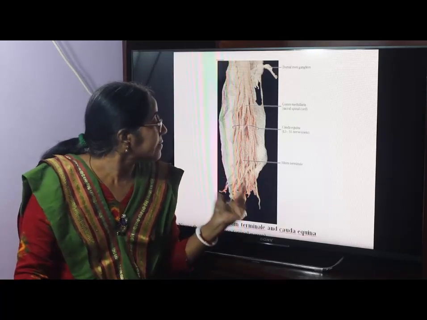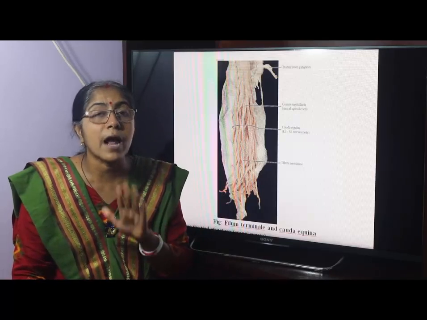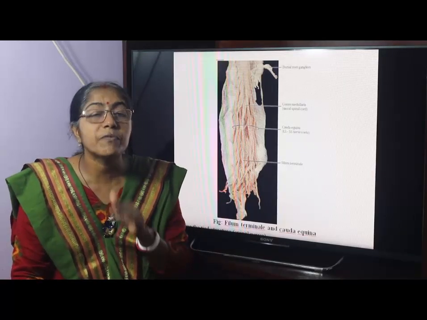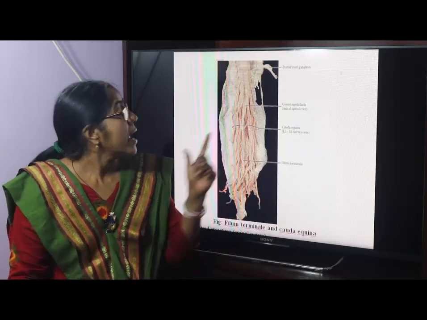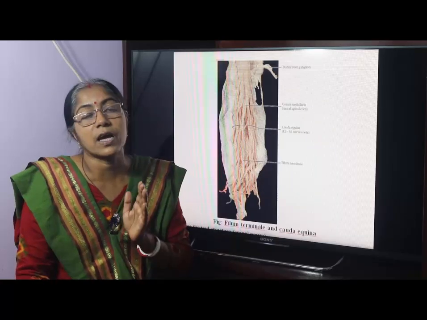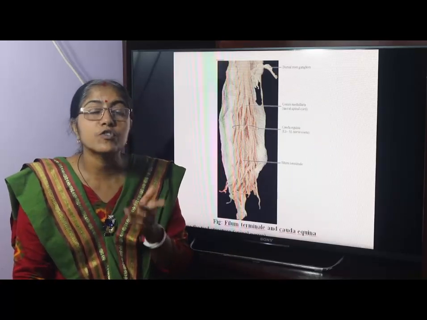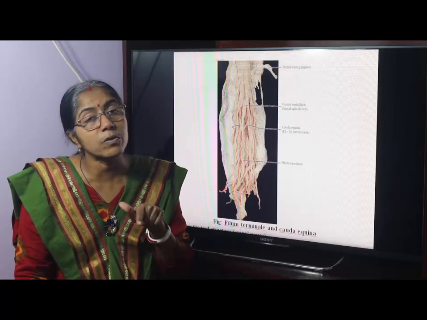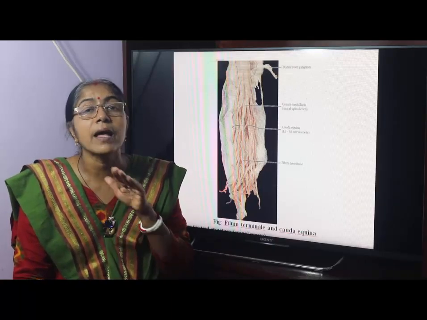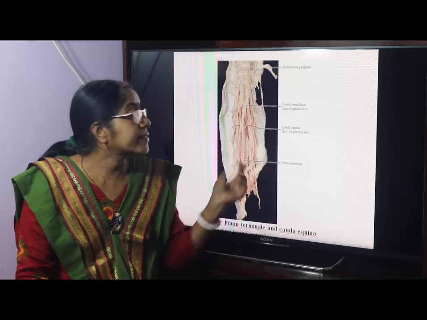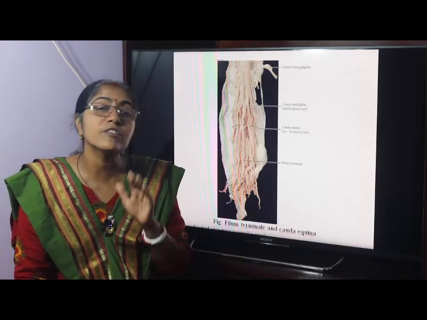Now what is this? This is filum terminale. How will you define filum terminale? It's a thread-like structure which extends from the conus medullaris to the back of the coccyx. It is the non-nervous portion of the spinal cord.